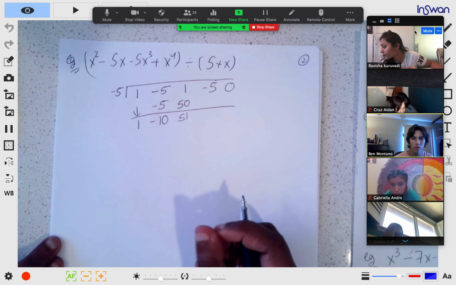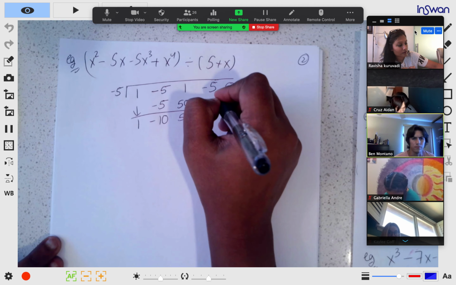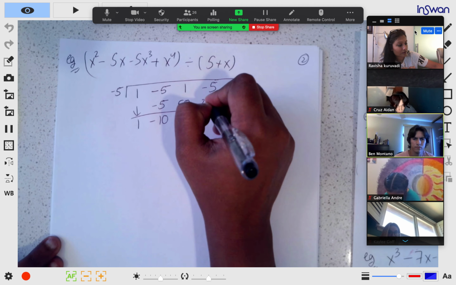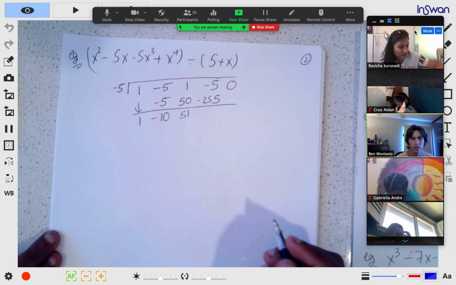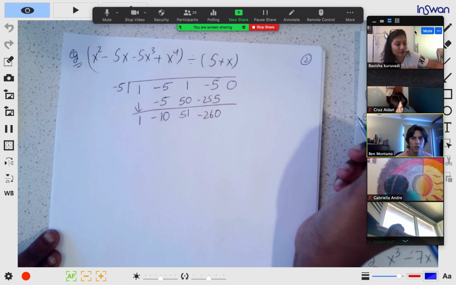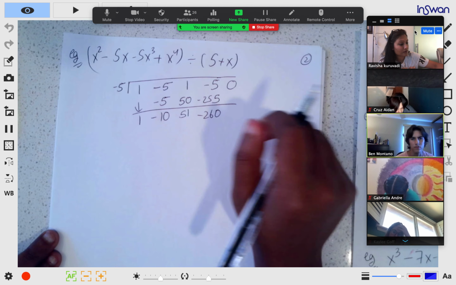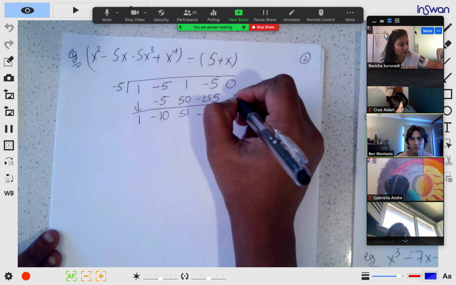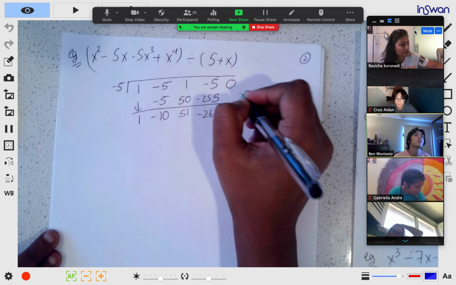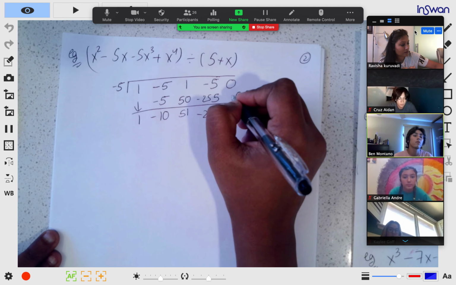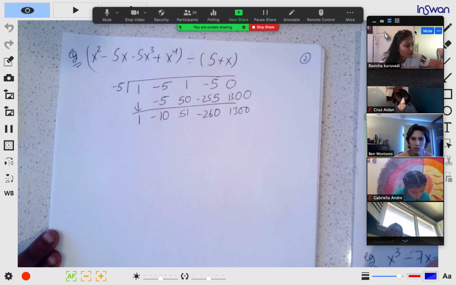And then multiply the -5 times 51, which is 255. And then you add that, which is -260. And then multiply the -260 times -5, which is something like 1,280 or 1,300.